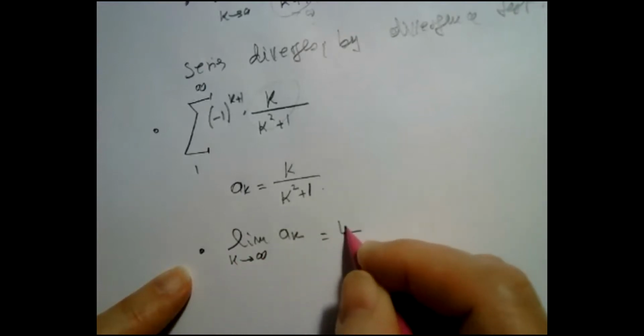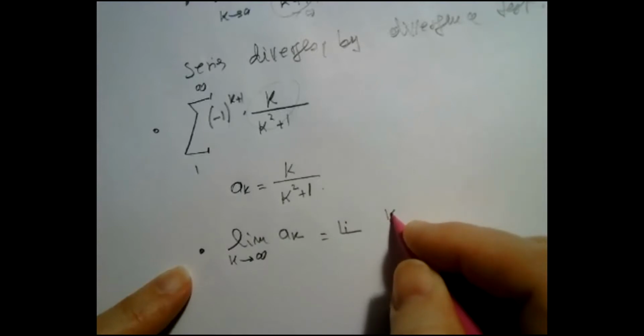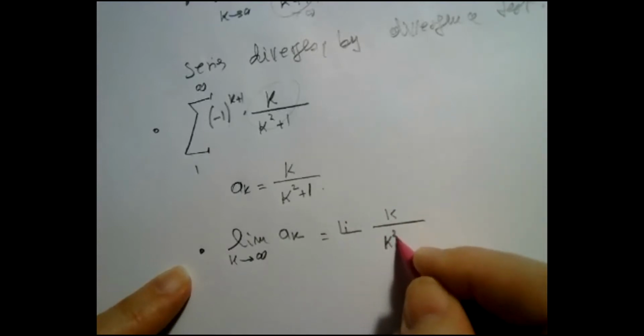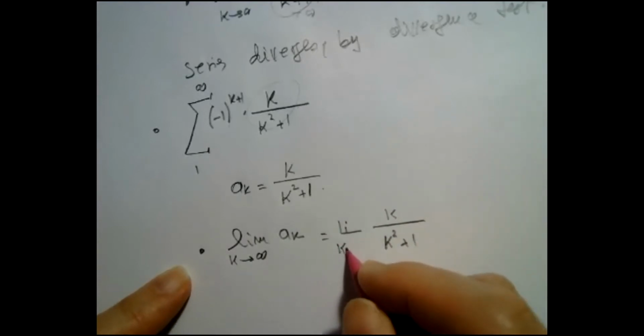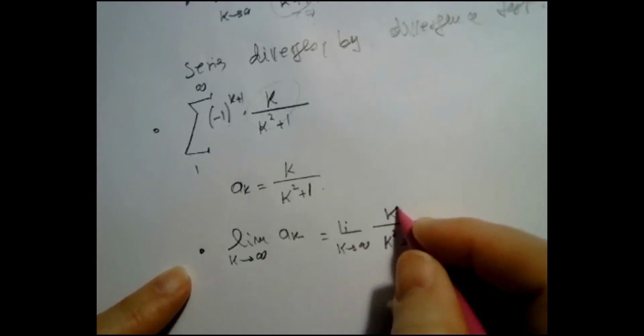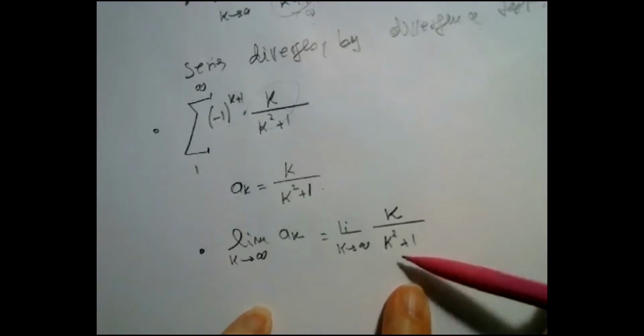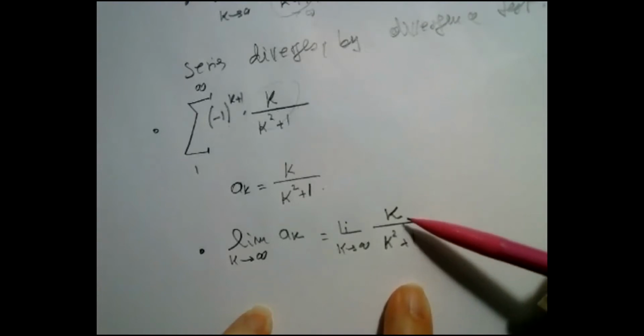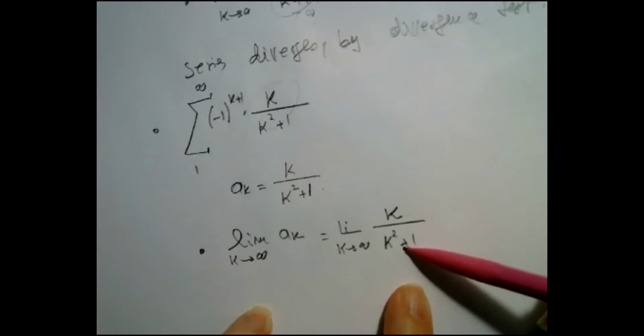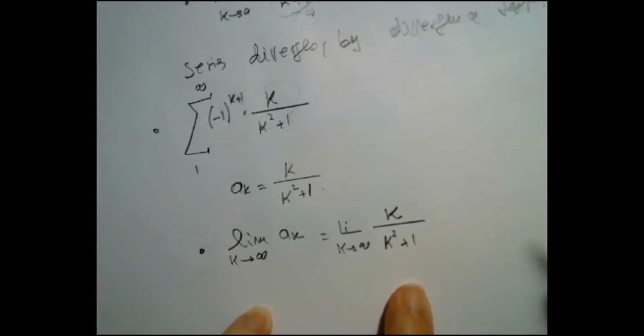This is equal to the limit of k over k squared plus 1. When k is large, the numerator is almost k, and the denominator is k squared, because 1 is negligible in front of k squared when you plug in large values of k. So this is almost like 1 over k, which is going to be 0 intuitively.